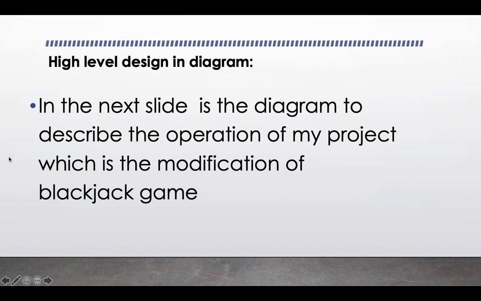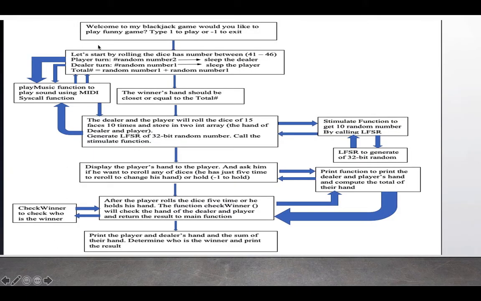In the next slide, there is a high-level design diagram to describe the operation of my project, which is the modification of the blackjack game. First, the game will print the welcome message to the user or player.